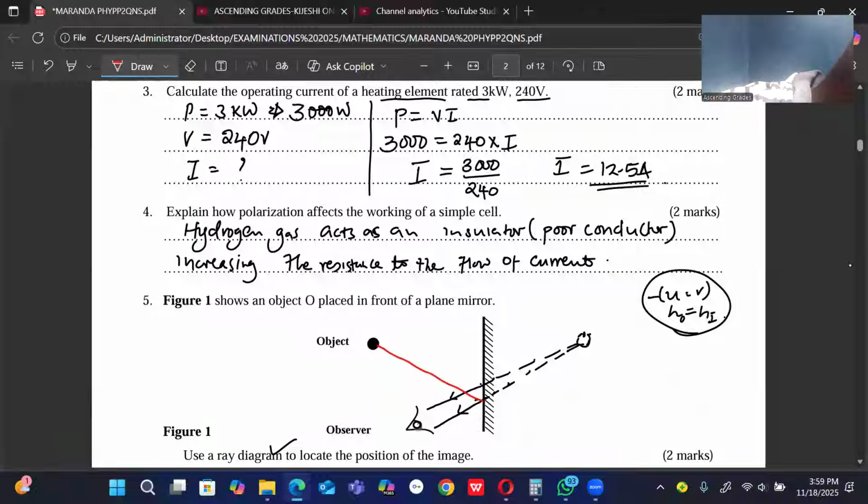That is the first ray, incident ray. And my second incident ray will be like that. Like that. So ensure you show the ray direction for you to be awarded 2 marks.